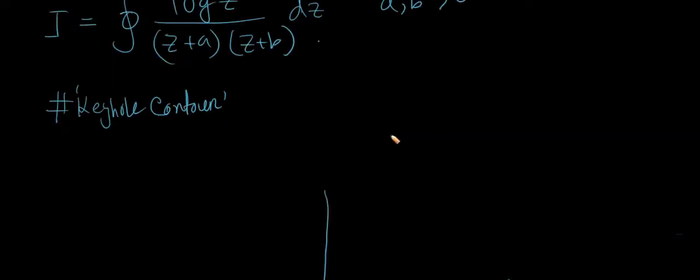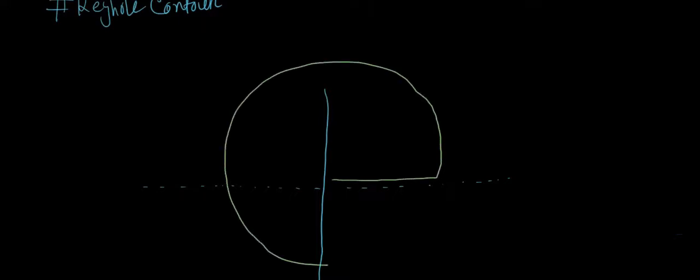And to evaluate this integral, we're going to choose a contour that looks something like this. Let me go to another color. Now, it really looks bad because the drawing is not pretty good. And this is the origin, that is the zero.